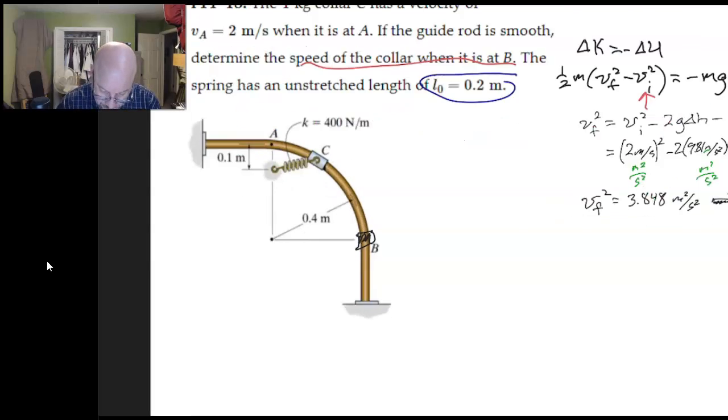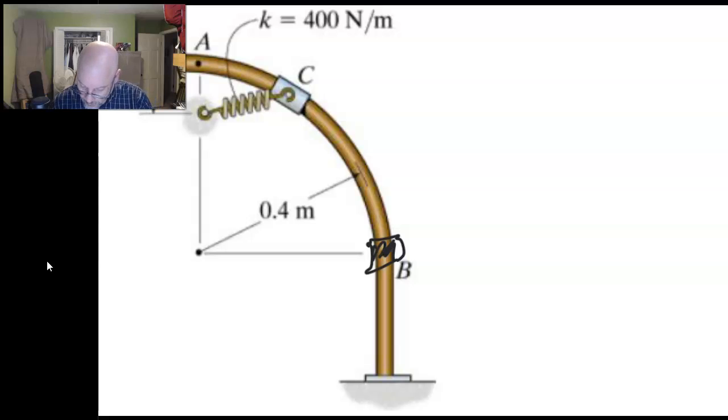Take a look at our forces. There's going to be some normal force from the pole, and let's say it's this way. I'm going to guess that because my centripetal acceleration is towards the center. So let's suppose that's going that way.